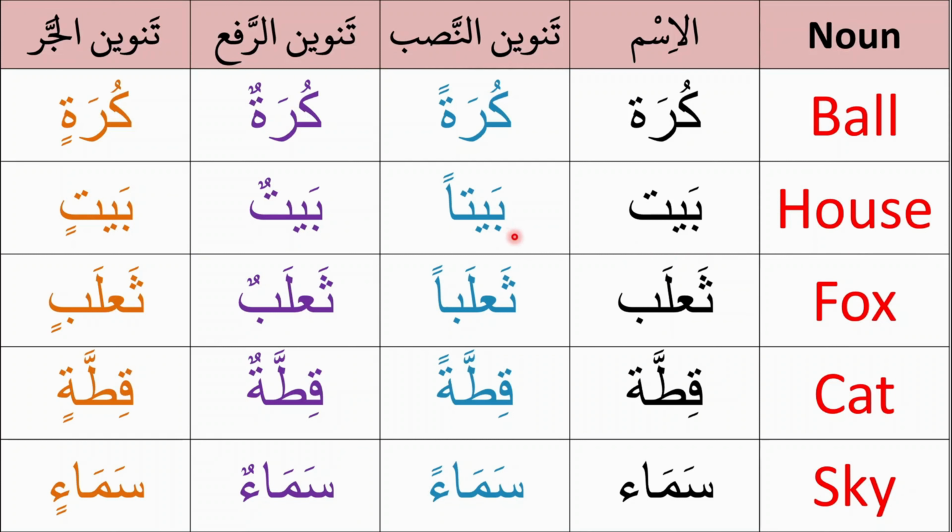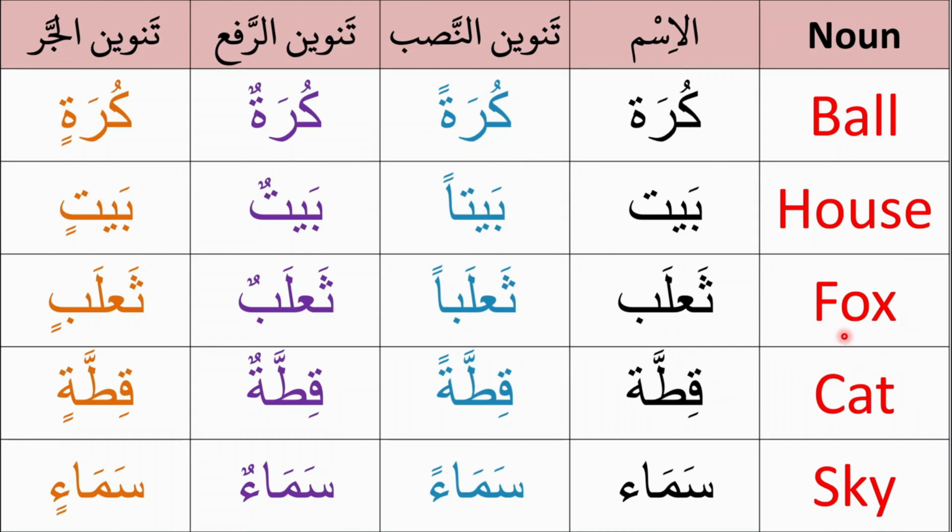Tanween al-nasb will be بيتاً. Did you notice here I had to add alif, my assistant alif, then I put tanween al-nasb above, بيتاً. Tanween al-rafa' بيتٌ. Tanween al-jar بيتٍ.